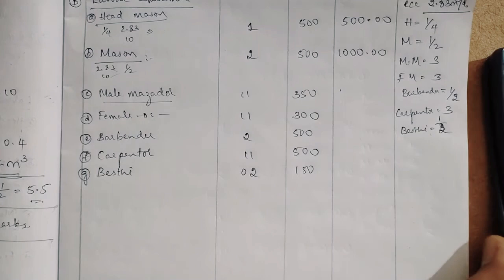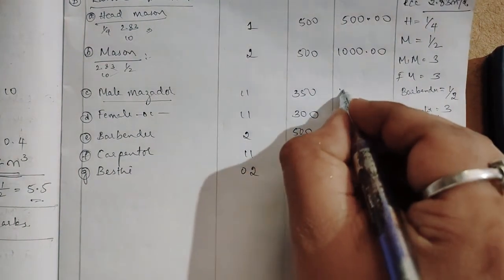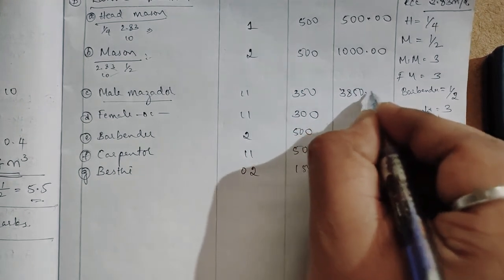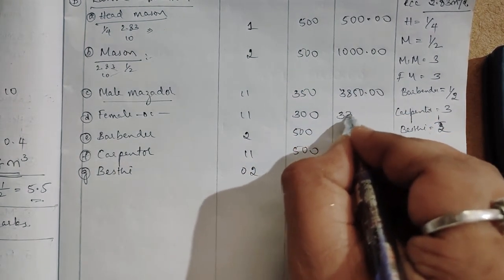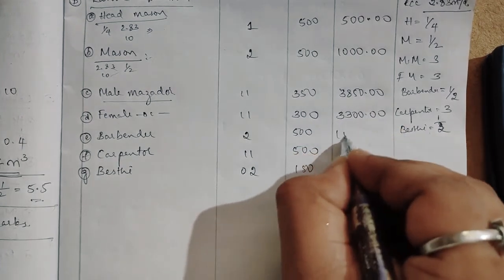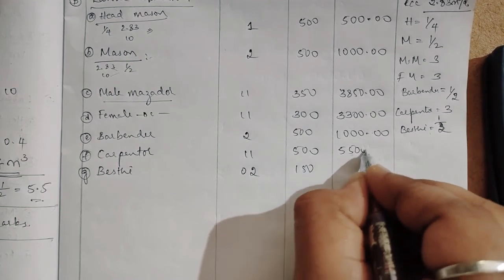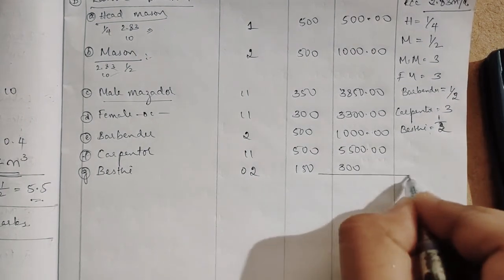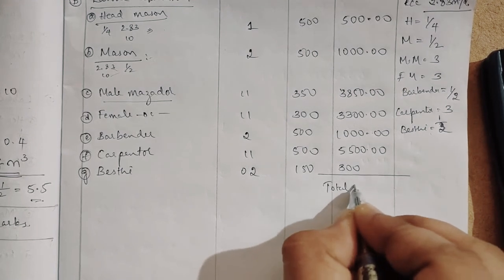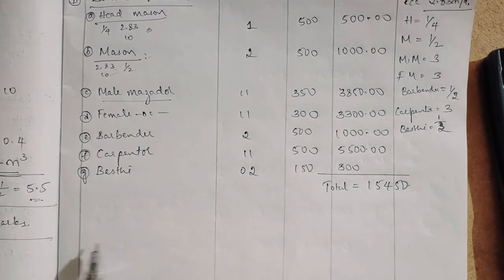So it will be 350 into 11, 3850, next 3300, 1000. Next this is 5500. This is 300. So our total will be as previous, that is 15,450.